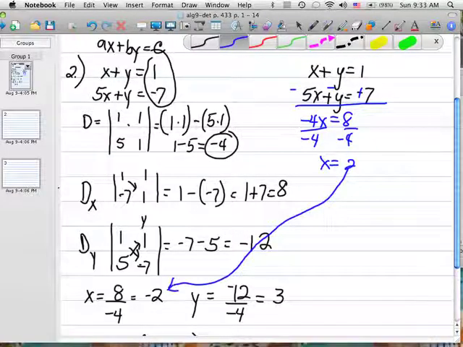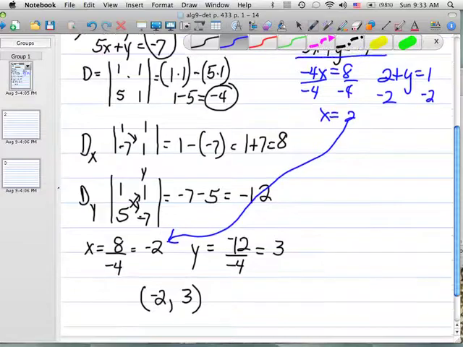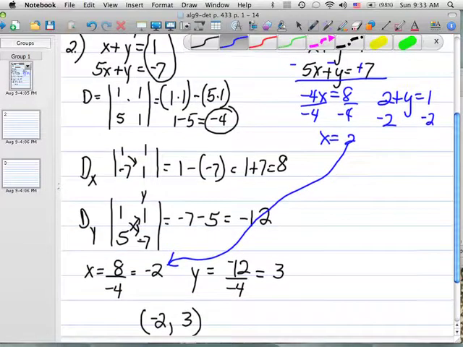And then I would plug it in. And 2 plus y equals 1, subtract 2.